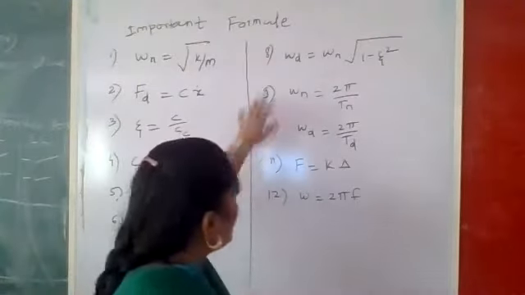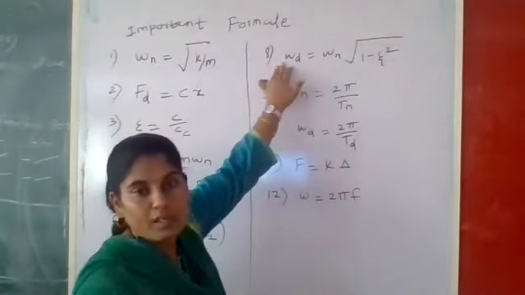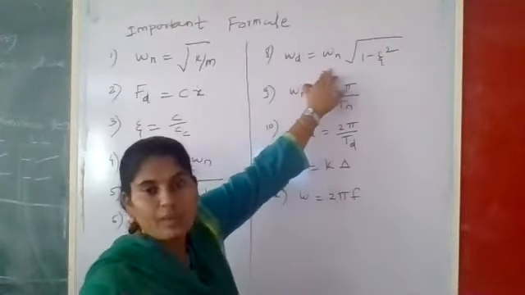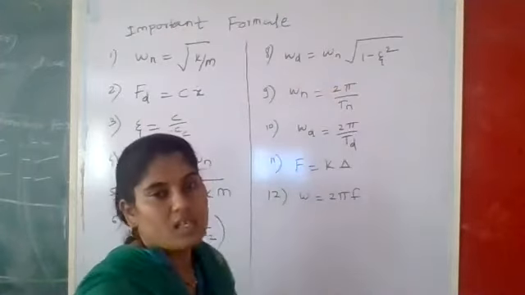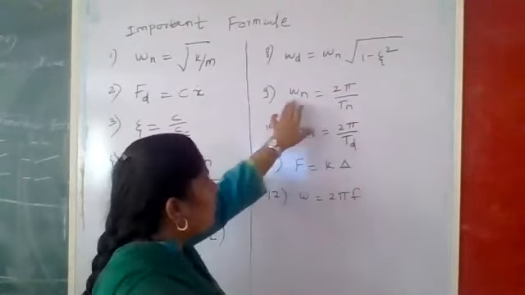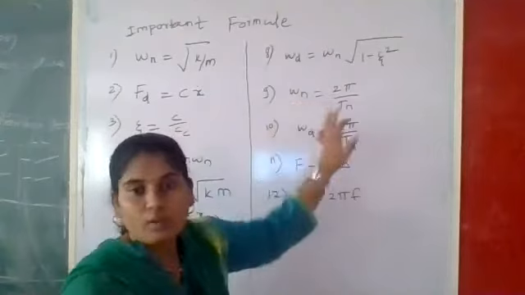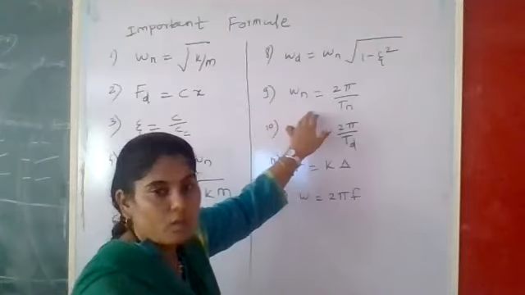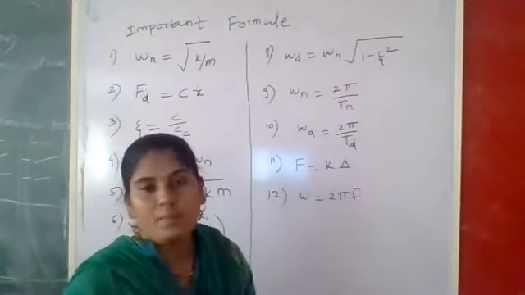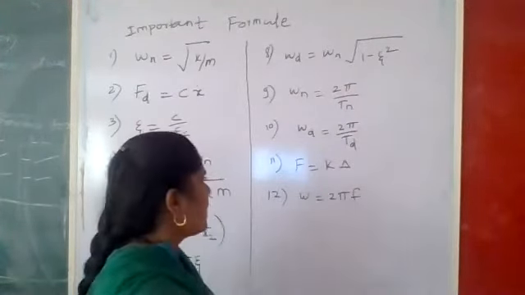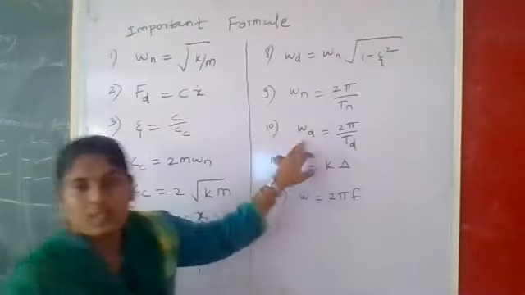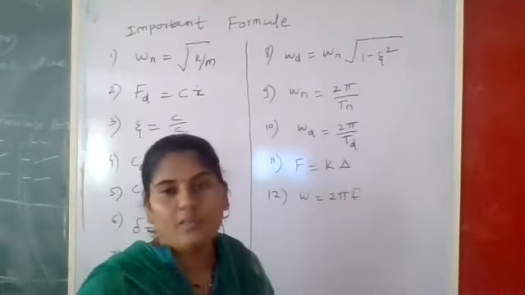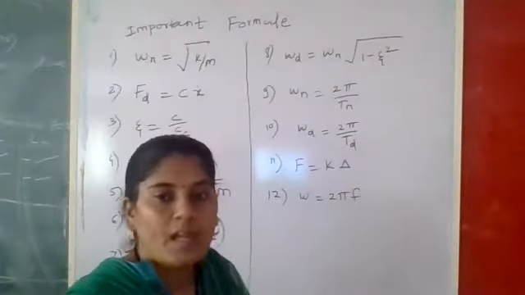Next, how to calculate the damped frequency? Omega d is equal to omega n, the natural frequency, into root of 1 minus zeta square. Next, omega n with respect to time period: the natural frequency is equal to twice pi by the natural time period Tn. Similarly, omega d is equal to twice pi by Td, where Td is the damped time period.